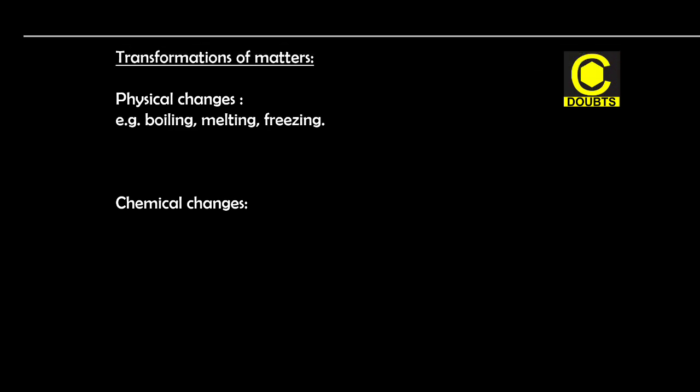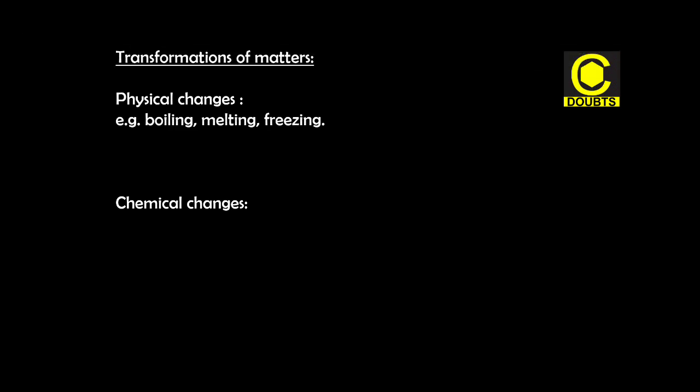Now we are going to see the transformations of these matters. The transformation of these matters are mainly classified into two. One is physical changes and the other one is chemical changes. Examples of physical changes are boiling, melting, freezing.